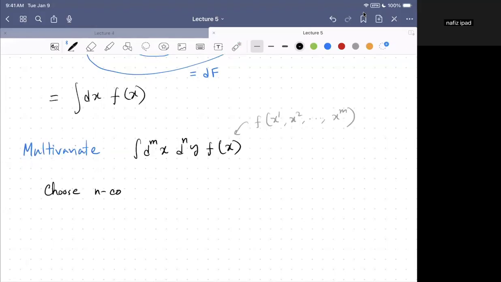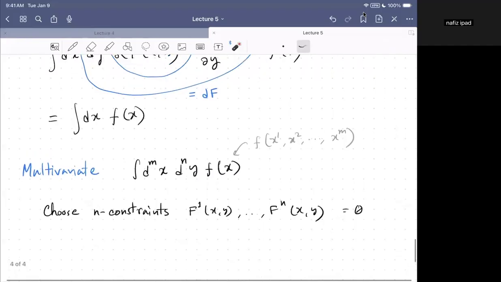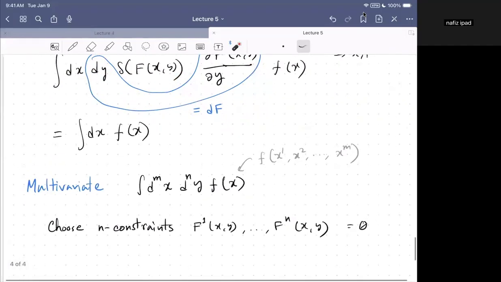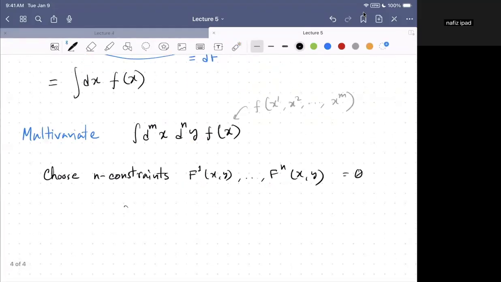Choose. So now you have f1(x,y) through fn(x,y), and we want to set all of these to 0. So those are our constraints. Now, similar to what was going on here, we want to trade off these variables y for new variables f1 to fn. We accomplish that by inserting the determinant of the Jacobian.